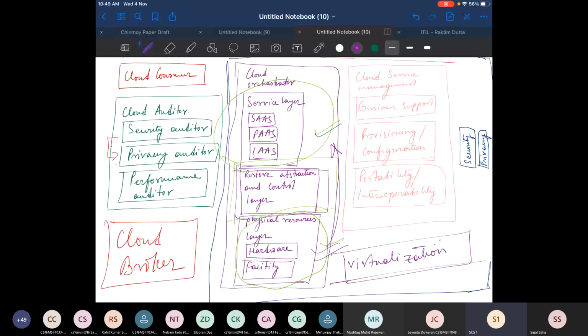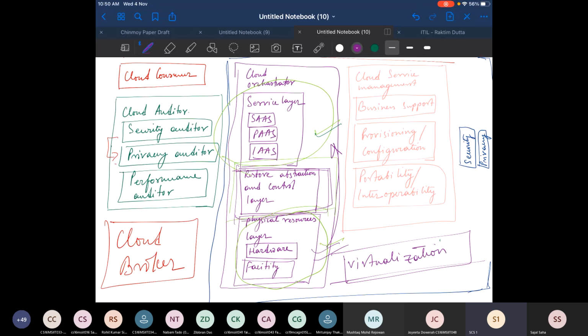Why abstraction? Abstraction means hiding the details of the upper part from the lower part. The upper part will not know what is going on in the lower part, and the lower part also doesn't know what type of services they are offering to the upper part.